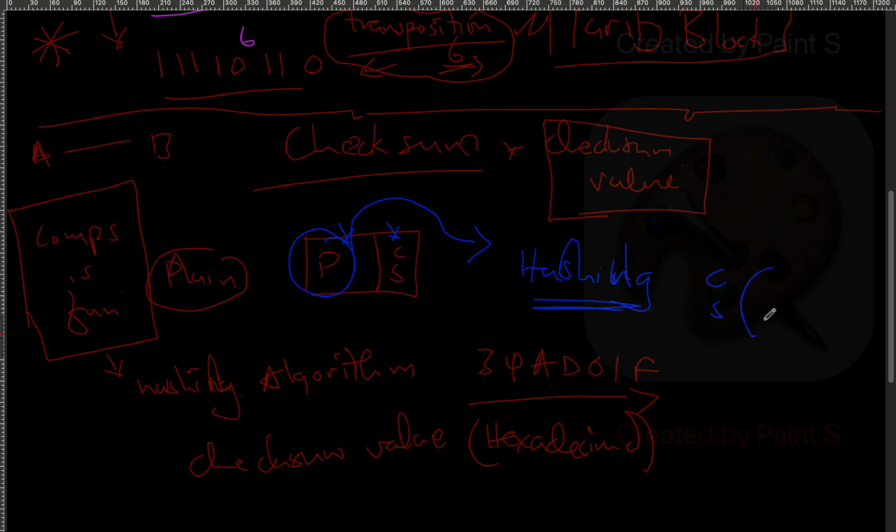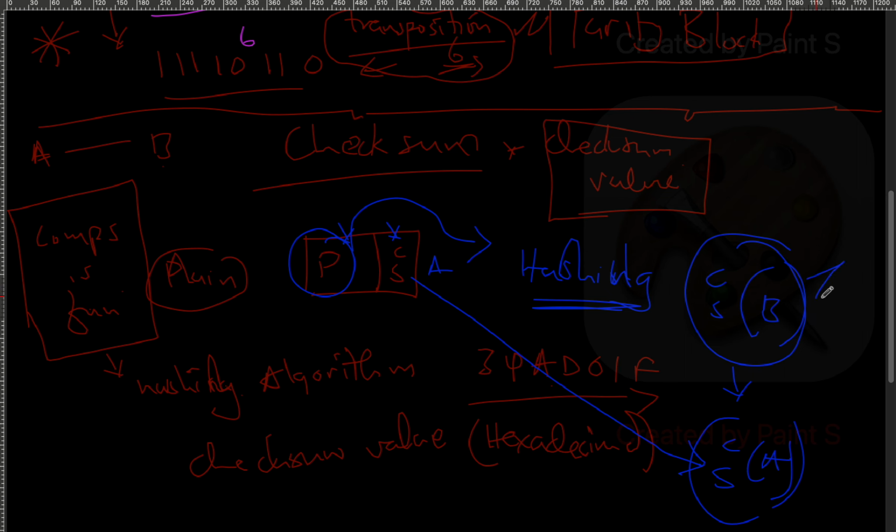So this is B's checksum value. B will then take this checksum value and compare it with the checksum value that has been received from A. So B will produce his own checksum value and compare it with the checksum value that has been sent from A.